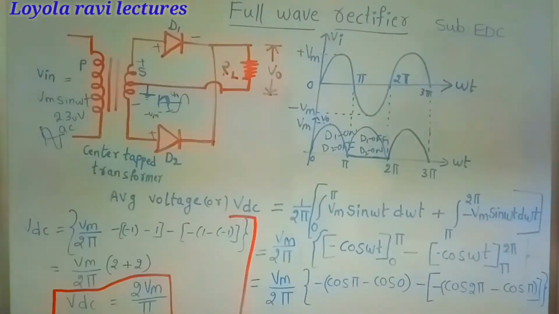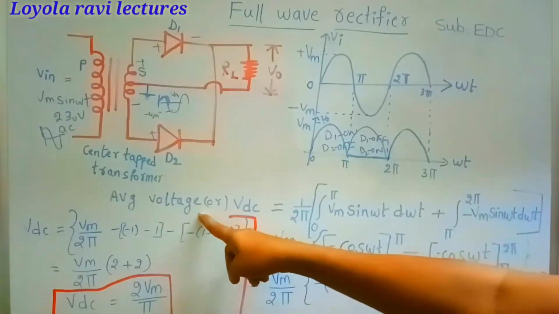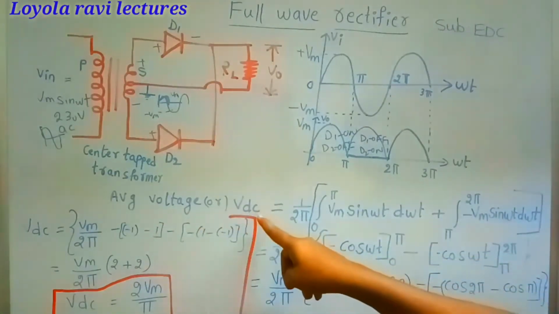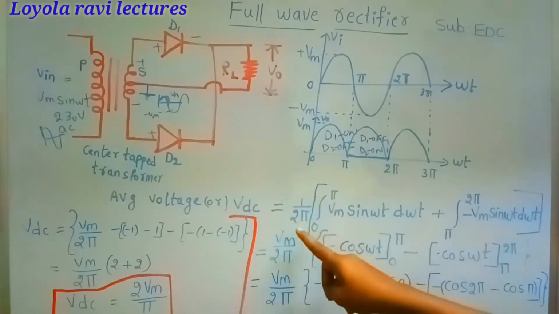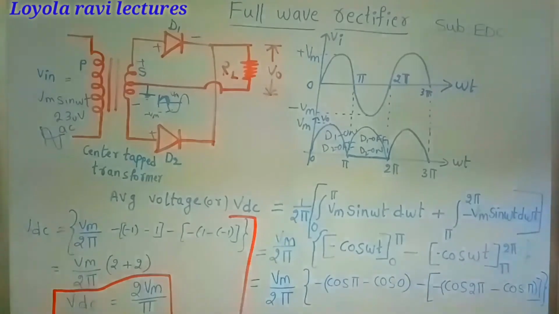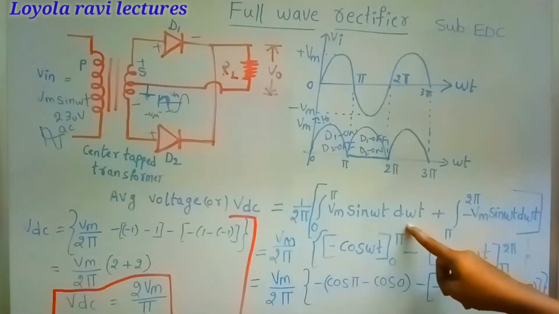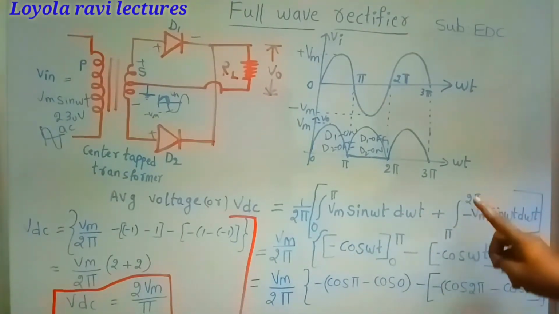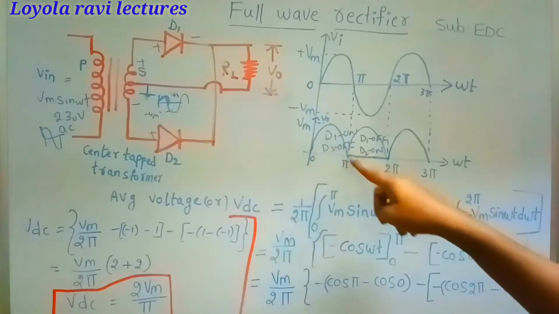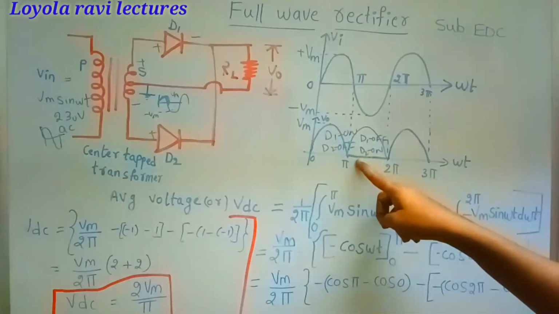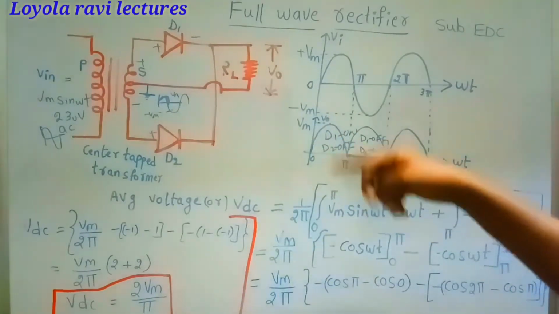Now we are going to find some parameters. The first parameter is the average voltage or DC voltage, known as VDC. VDC is equal to 1 by 2 pi, integral 0 to pi of Vm sin omega t, plus pi to 2 pi of minus Vm sin omega t, d omega t. See here, from 0 to pi we get the corresponding output, which is the same as the input.